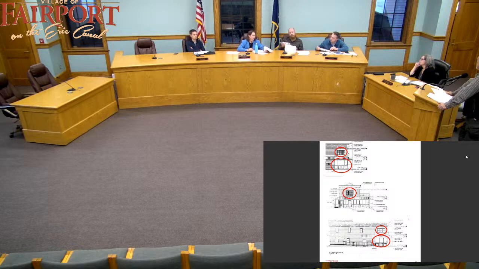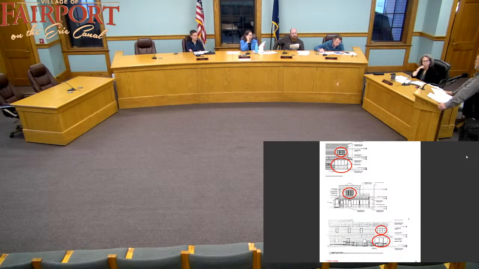But in general, I think it would help the building and help that corner if there was some kind of separation between the base of the building and the top. I'm wondering if you are still planning to paint the building. No, the plan is to leave it the white the way it is now.